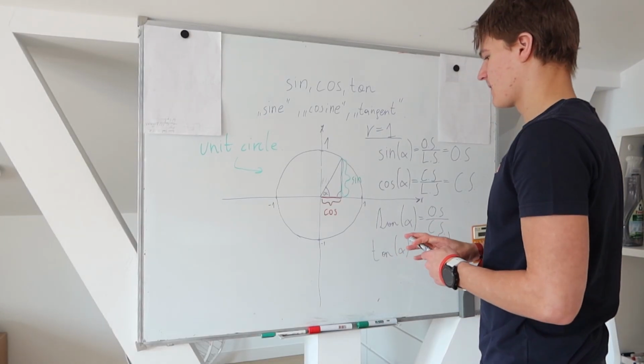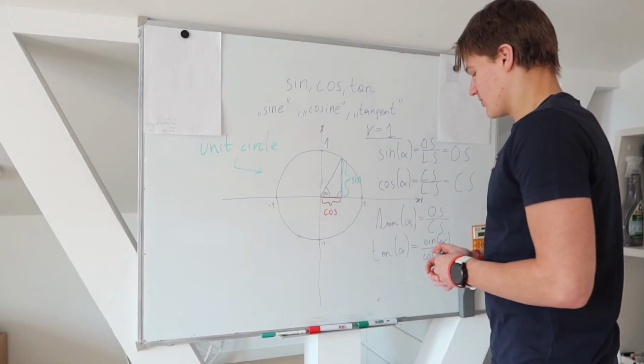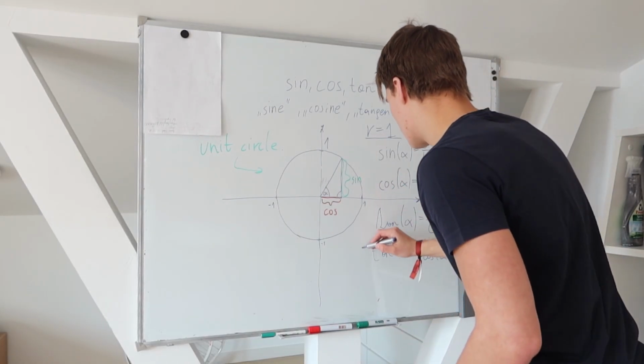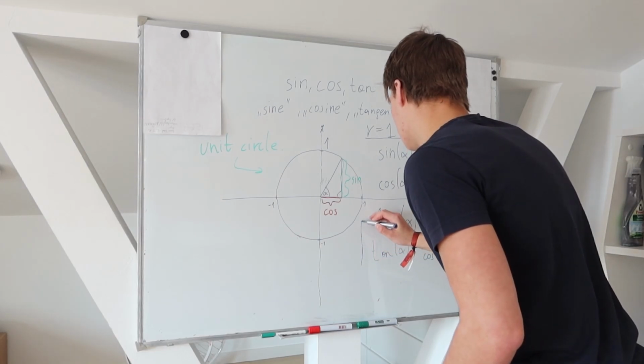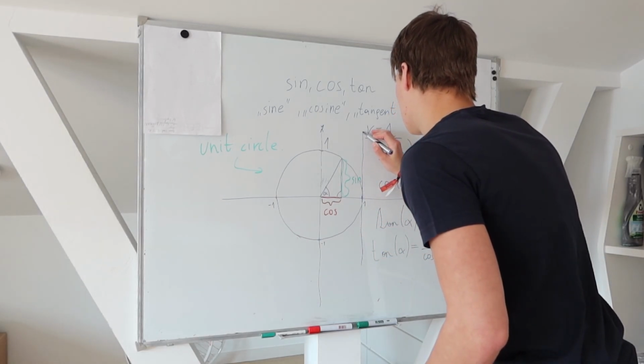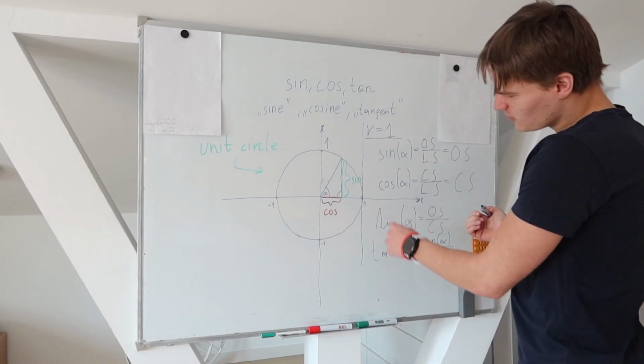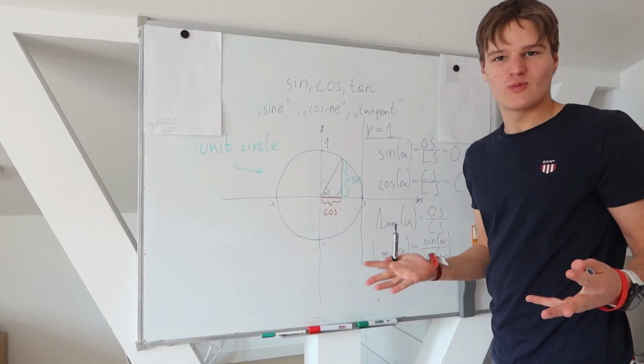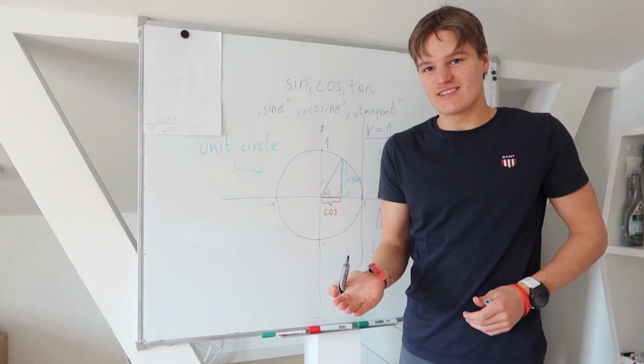All right, where is the tangent now? So let's have a look. The tangent is actually when we draw a line that intersects this circle at exactly one point, which is what the tangent describes.